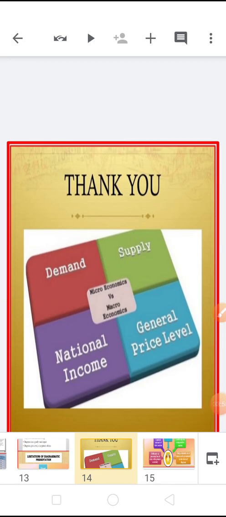So children, in today's video we have learned basically the introduction of the diagrammatic presentation of data. We have learned how the data are presented in the form of bars and diagrams, and thereafter we have learned the types of diagrams: one dimensional, two dimensional, three dimensional, pictograph and cartogram.